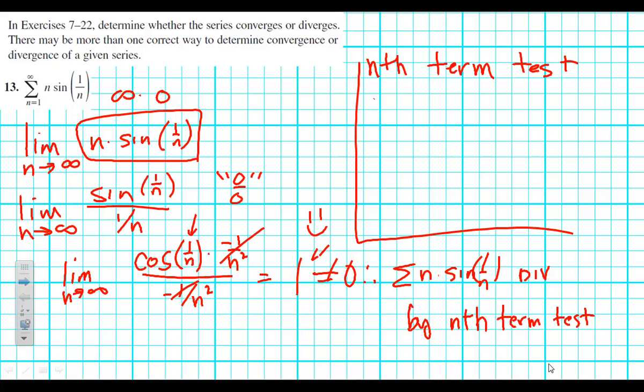If the limit as n approaches infinity of the nth term does not equal 0, then the infinite series diverges. That's the whole thing. If you take its limit and it's not equal to 0, then it diverges. Got it.